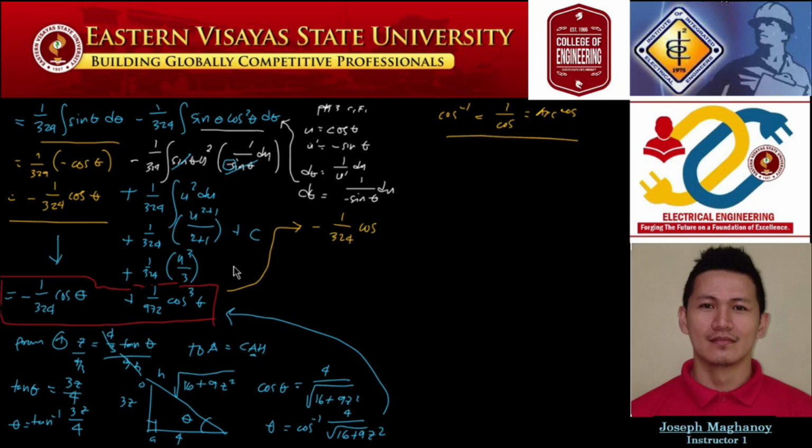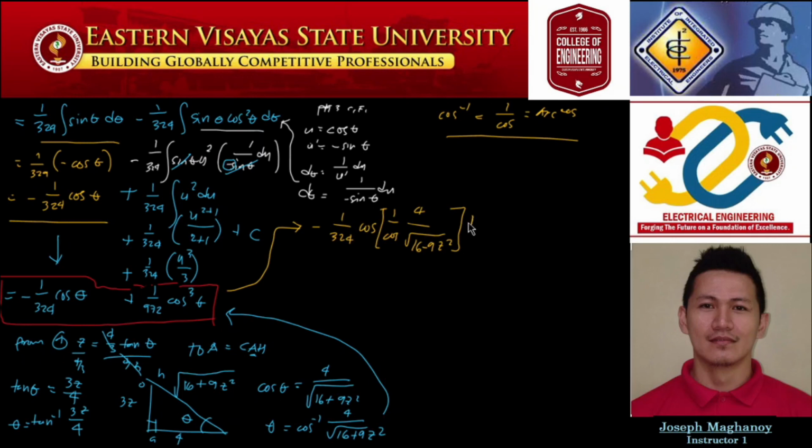So theta is cosine -1 of 4 over square root of 16 plus 9z squared. Then we close, then we deal with our second term.